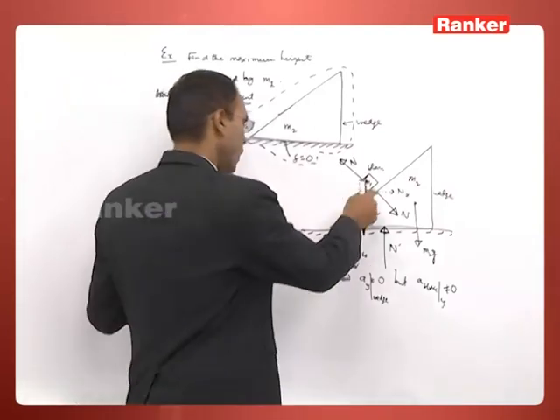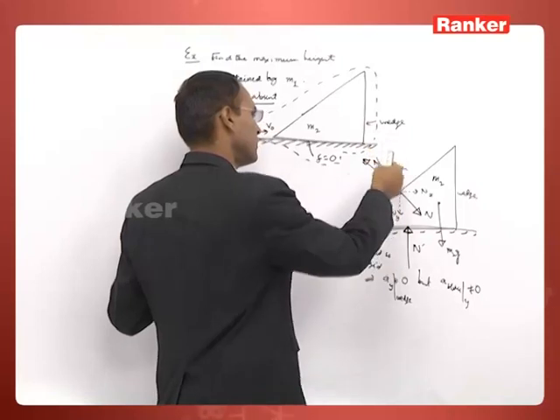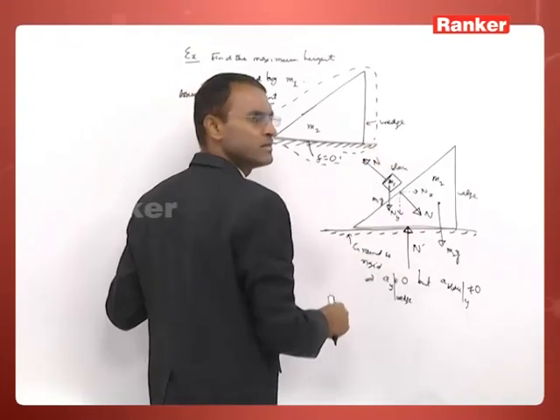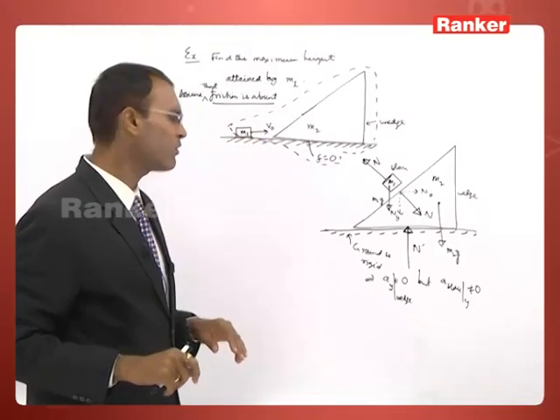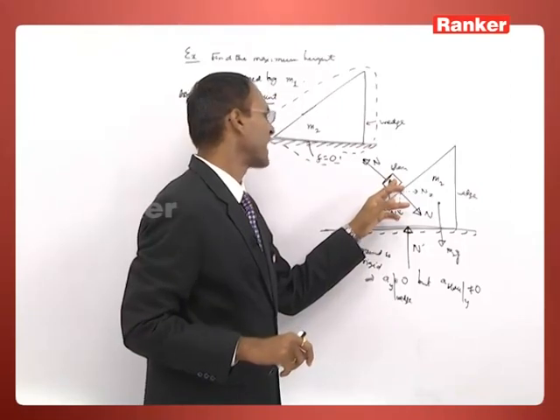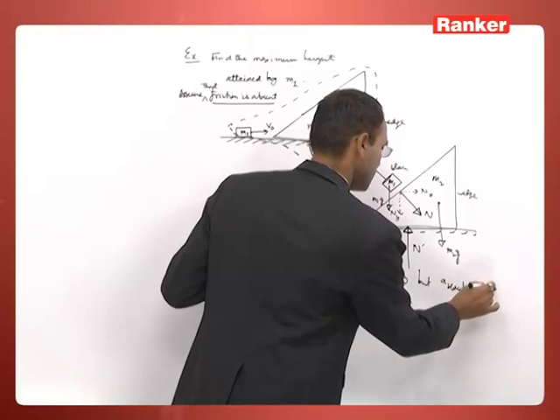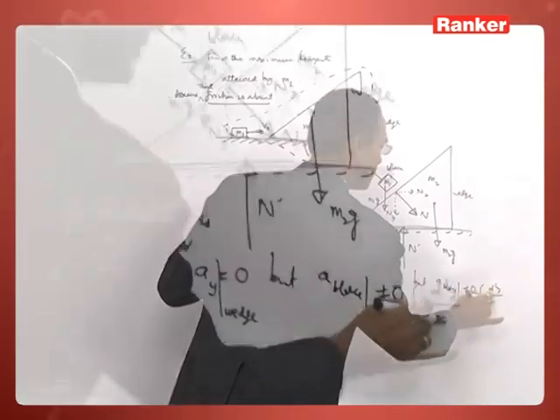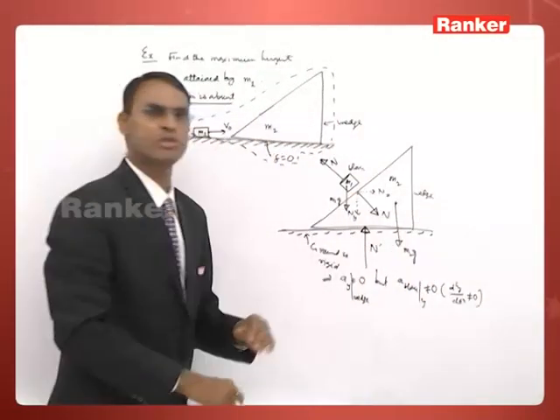Why? When it is moving with respect to the ground, up and up, its y coordinates will increase. Therefore, we can speculate that the second derivative of the y coordinates with respect to time may not be equal to 0.